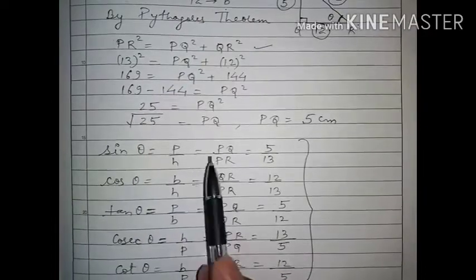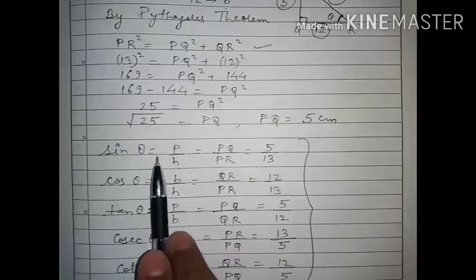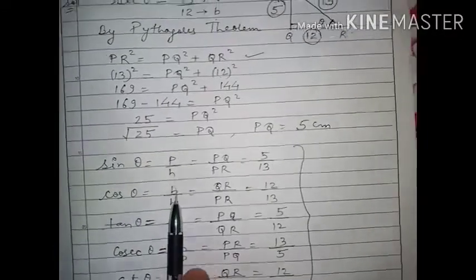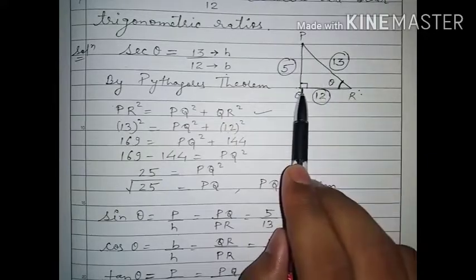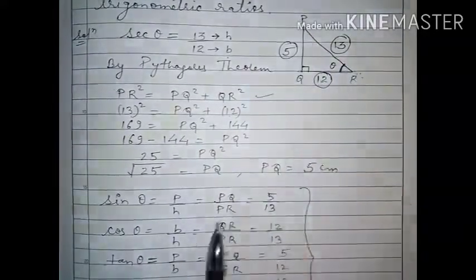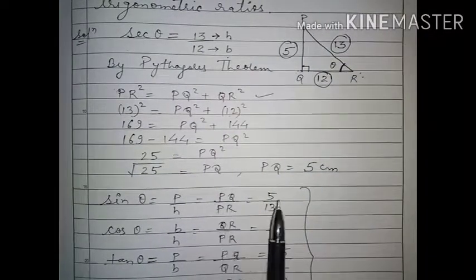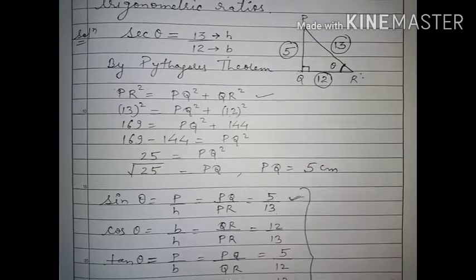Sin theta is p by h. With respect to this angle theta, p is this PQ and h is this PR. So I write it here PQ by PR, that is, putting the value, 5 by 13. So we get this answer, sin theta.